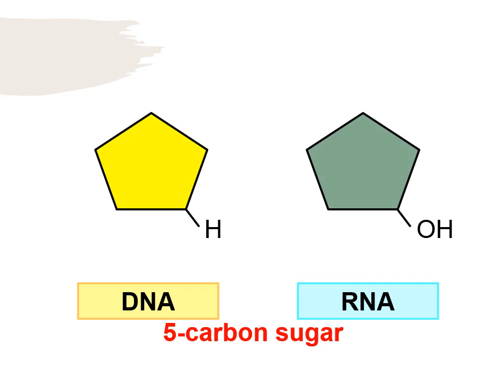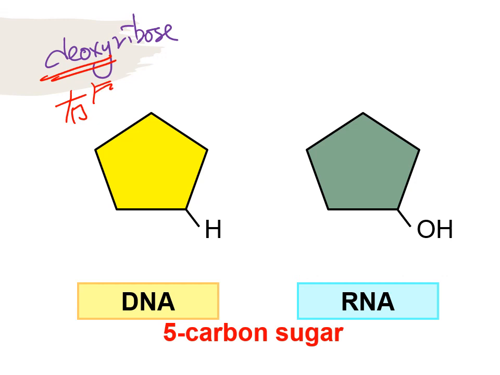If you take a look at the 5-carbon sugar of the DNA, it's actually deoxyribose. That means deoxy, no oxygen. But for the RNA, the sugar is ribose. That means it has oxygen. Okay, this is an oxygen.